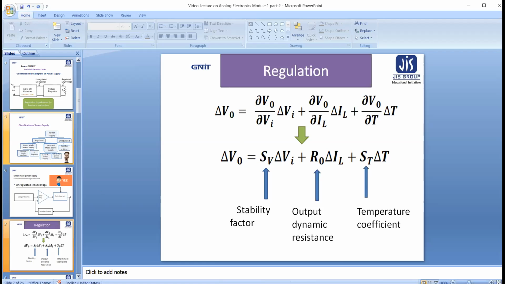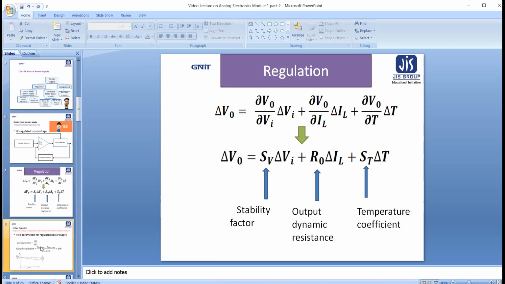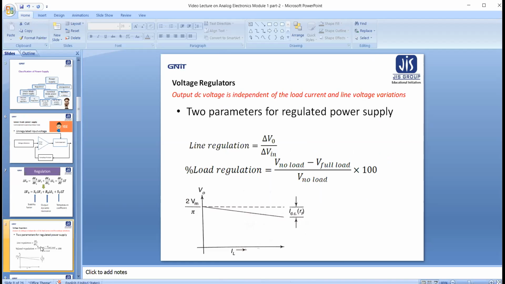Now next we will go to the important parameters, which are very important features for a regulated power supply. First one is the line regulation, which equals del V naught by del V in.